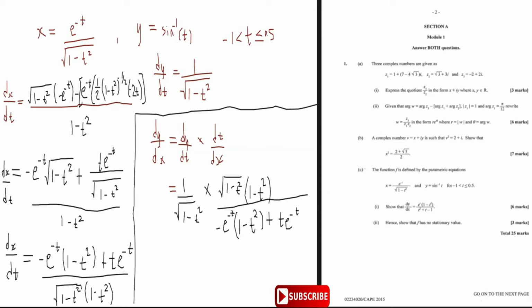Now, as you can clearly see, this square root of 1 minus t squared cancels the square root of 1 minus t squared. And so what we're getting is, in the numerator, 1 minus t squared.